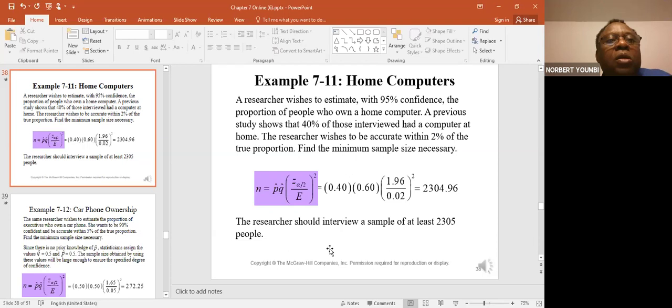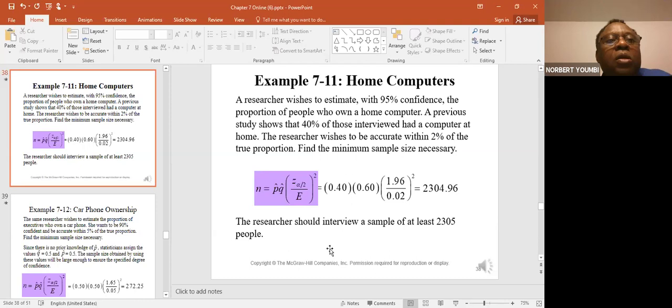Example, a researcher wishes to estimate with 95% confidence the proportion of people who own a home computer. A previous study shows that 40% of those interviewed had a computer at home. So this 40% will be our p, and q will be 1 minus 0.4.